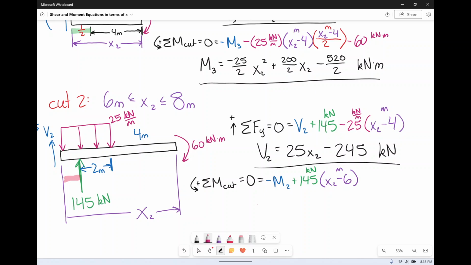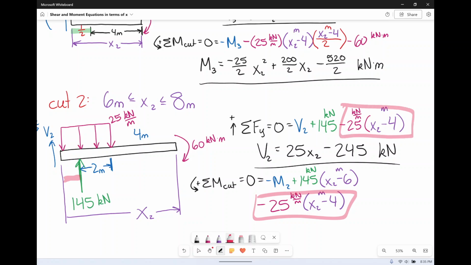Now we're going to do our distributed load. So our distributed load, again, the force, minus 25 kilonewtons per meter, across what length? That length we said just right before was x2 minus 4 in meters, right? This force is this force. We know force, but we don't want force for this. We want moment. So again, it's force times the distance. So how far away is this centroid from over there?